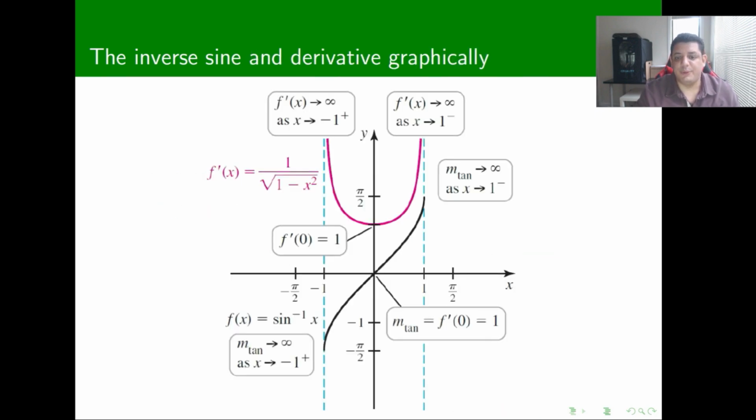Now, if we take a look at how the functions are related, notice that f of x equals sine to the minus 1 of x is defined between minus 1 and 1. And this is the function that is going in here for the sine to the minus 1 of x. Now, the function f prime, of course, is going to reflect that. And notice that if we take tangent lines over here, these tangent lines are all the time positive, positive, positive.